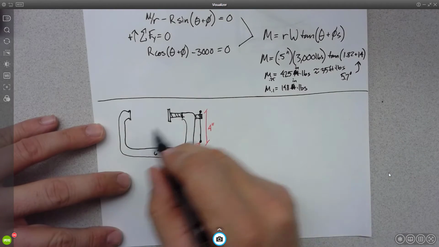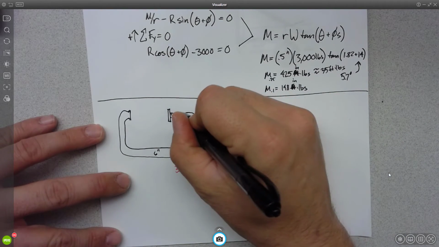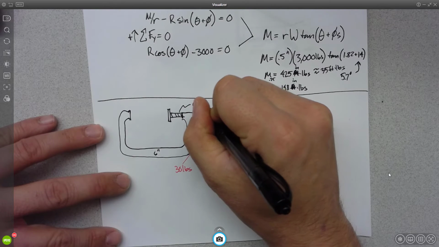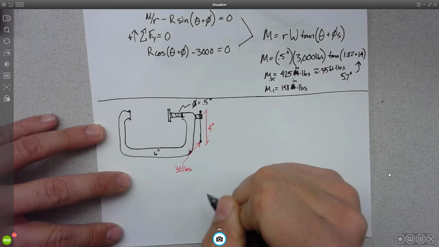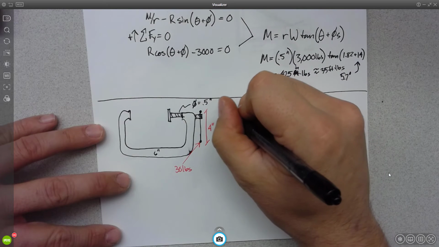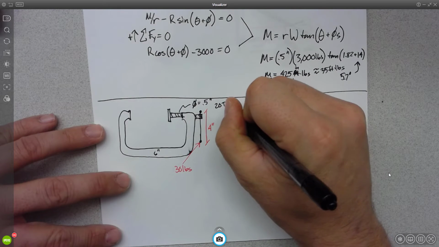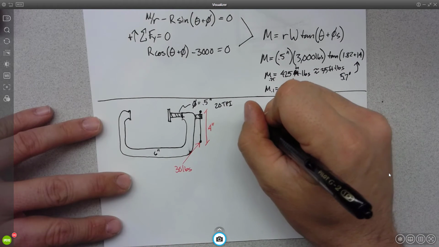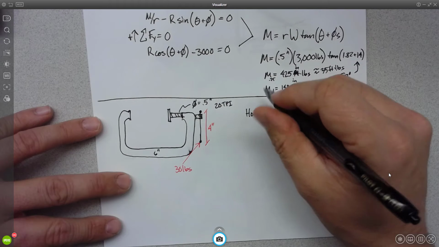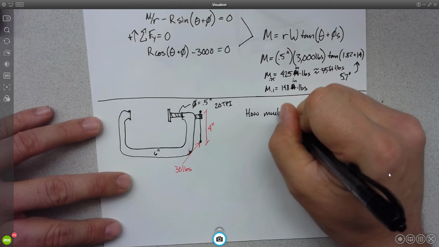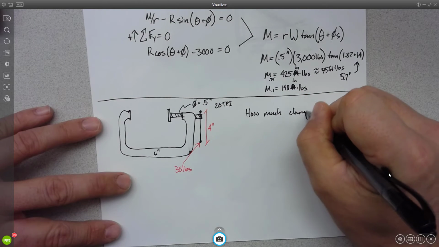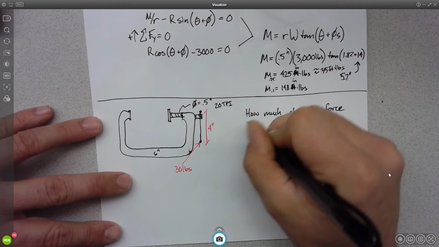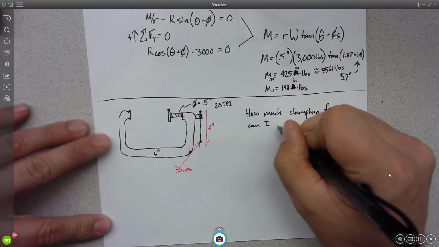I'm going to tell you that this screw has a diameter of 1/2 inch, and it has 20 threads per inch. And what I would like you to find is how much clamping force can I generate?